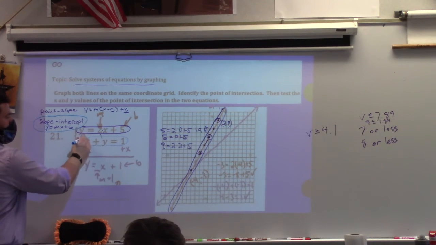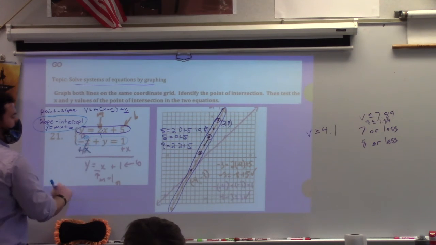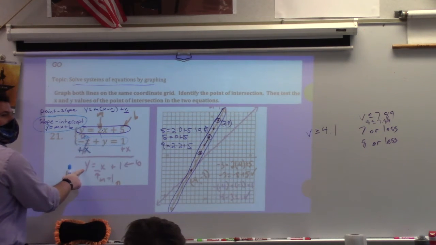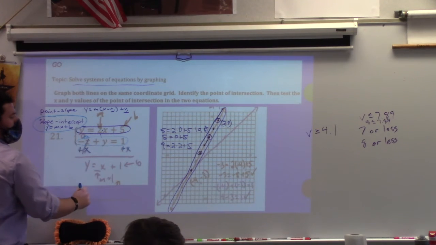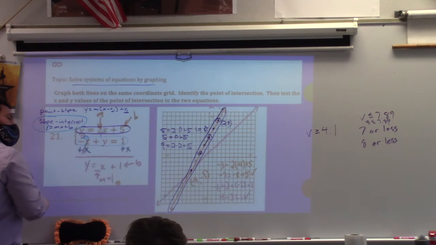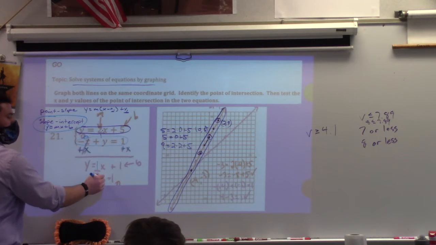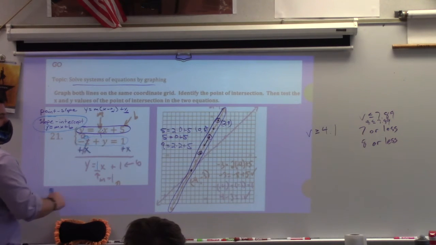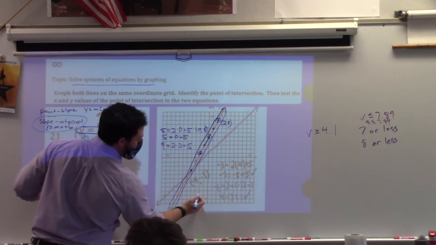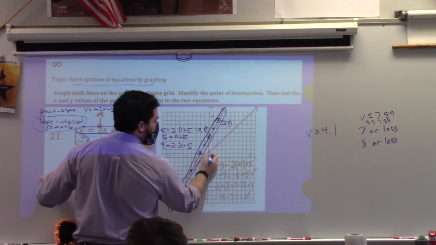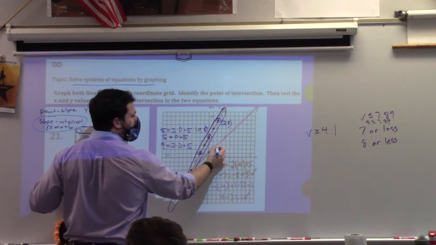That gives me a 0. 0 plus y is y. Y equals x plus 1. How many x's are right here? 1. So that's 1x, so my slope is 1. A y-intercept of 1, a slope of 1. There it is.